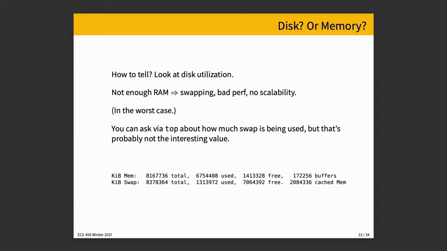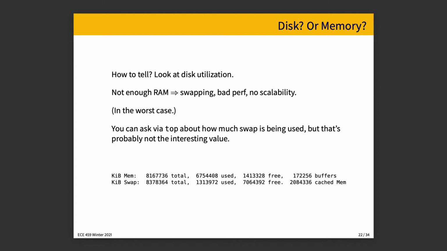So that's one way to check it. That's the worst case. You can ask via top, incidentally, about how much swap memory is being used, but that's not necessarily interesting. Your computer could keep a lot of stuff around in swap for no reason or for a limited reason, and you shouldn't read into that anything is necessarily wrong.